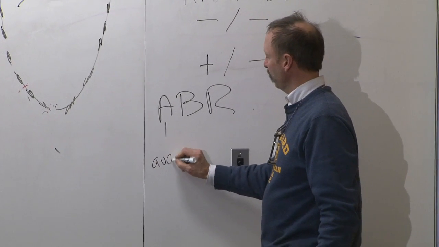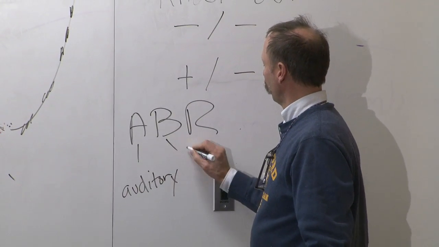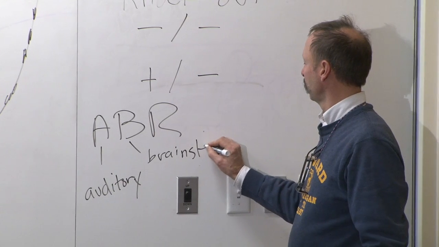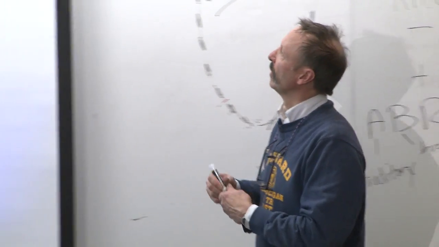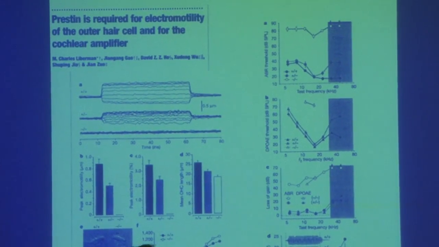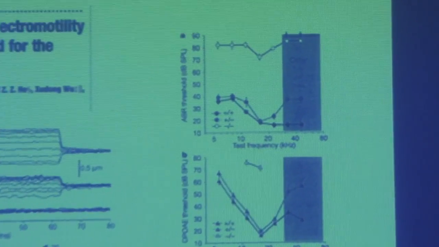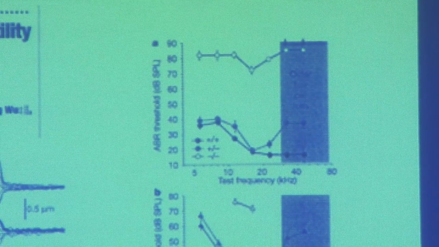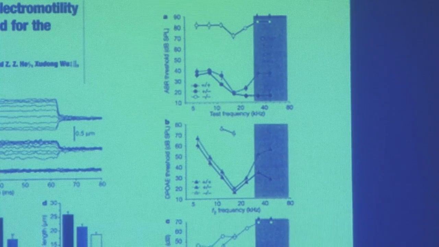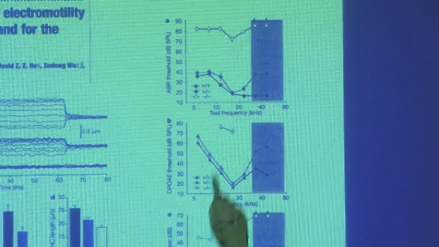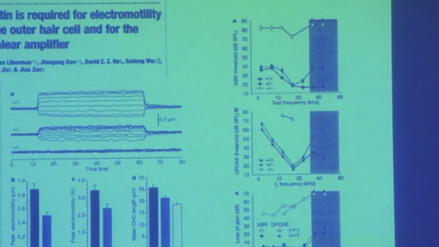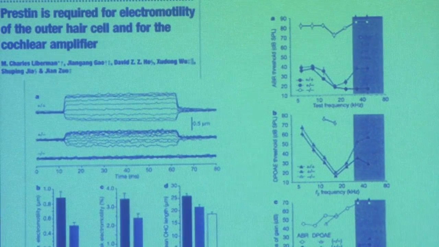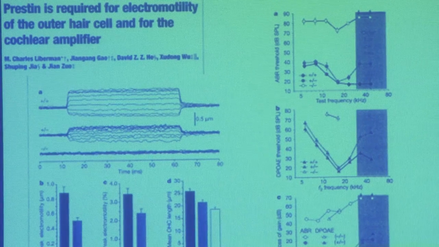Okay, and that top right graph gives you the ABR threshold in dB. So something that has a really low threshold is a really good hearing animal, as is the wild type and the heterozygote. And something that has a very high threshold means you really had to crank up the sound to get any kind of response at all, as you see in the open symbols for the knockout.